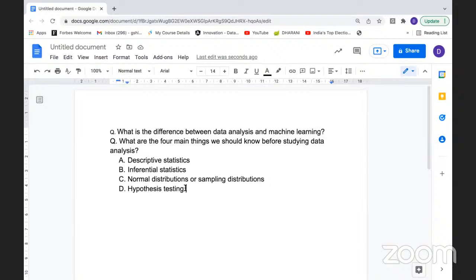So what is descriptive statistics? When you talk about descriptive statistics, it is doing exploratory data analysis, right? You have to work on the present and the past data. You describe things, right? You diagnose with the data, whatever you have.